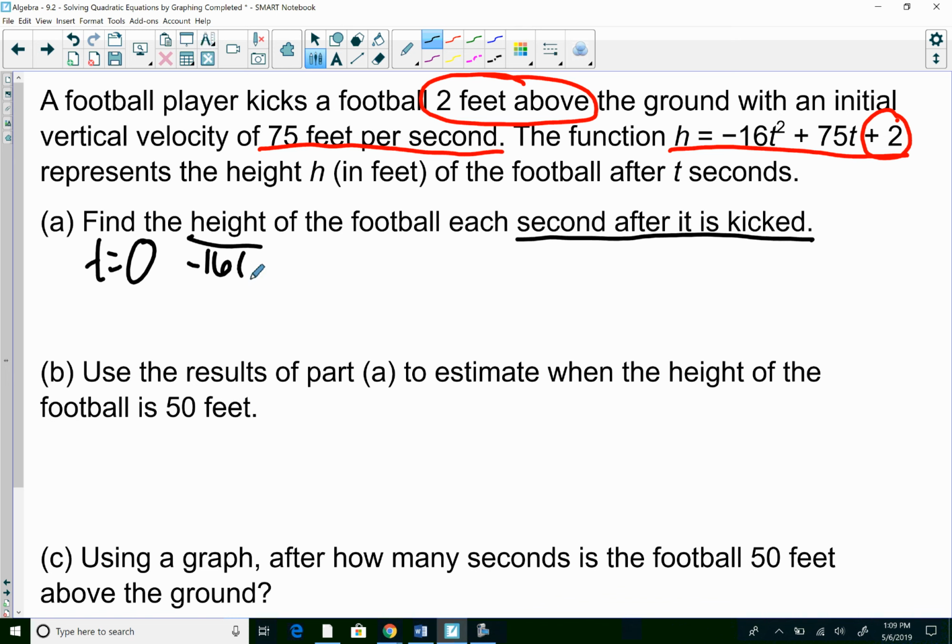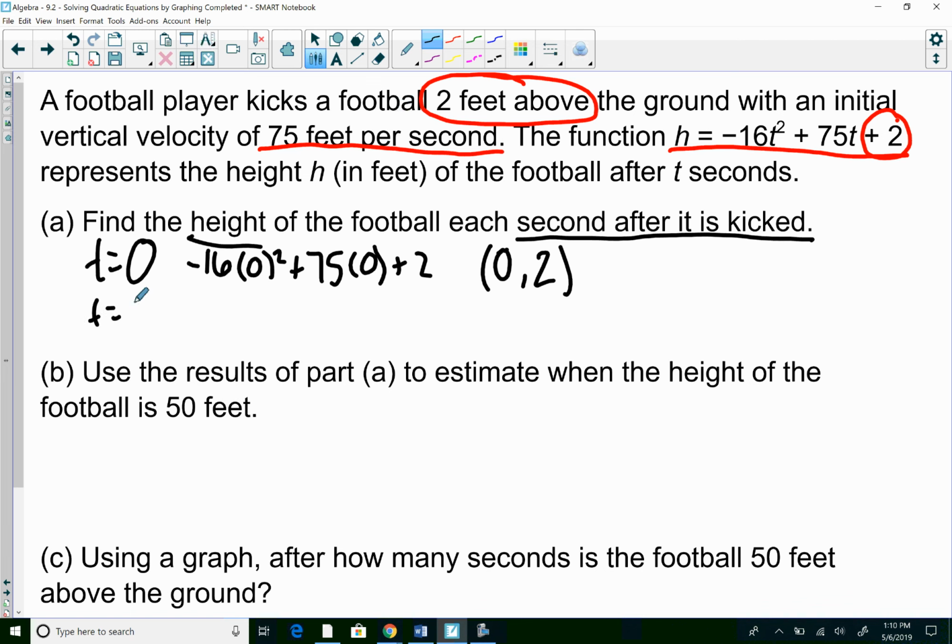So negative 16 times 0 squared plus 75 times 0 plus 2. Plug it in, and when you do that, you come up with a height of 2 feet, which makes sense because you haven't quite kicked it yet, and it's only 2 feet above the ground. So again, that initial height is 2 feet above the ground.